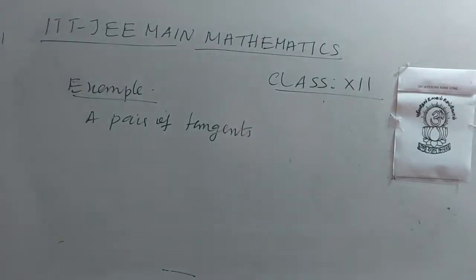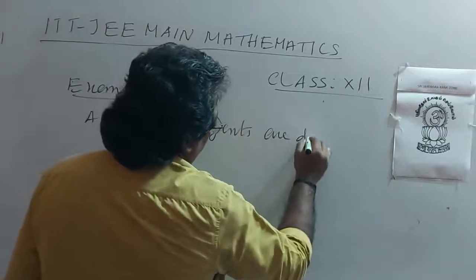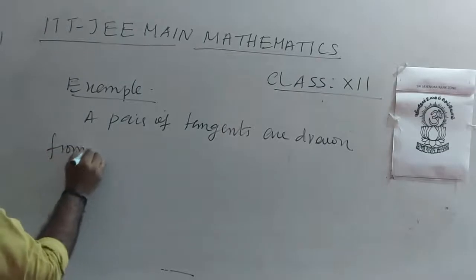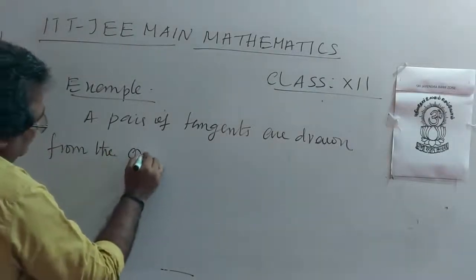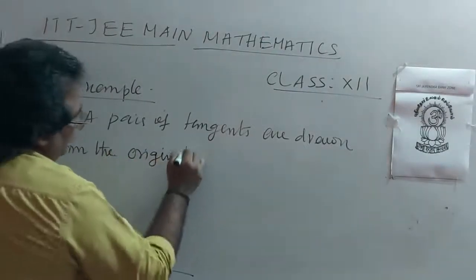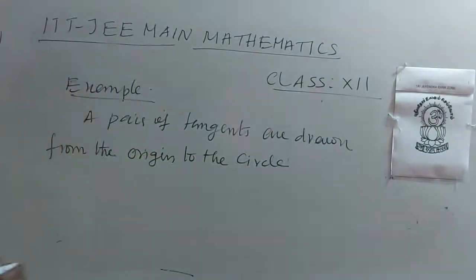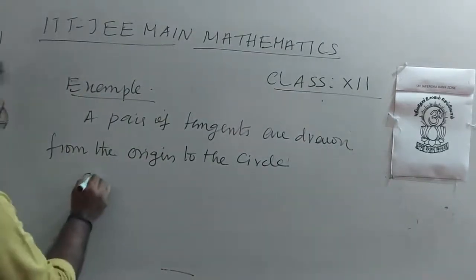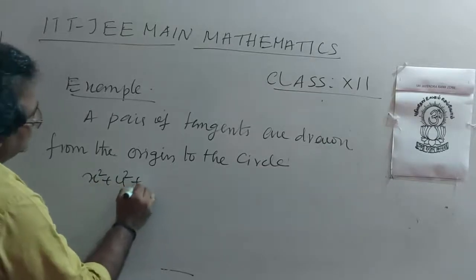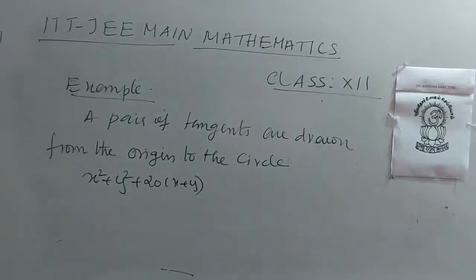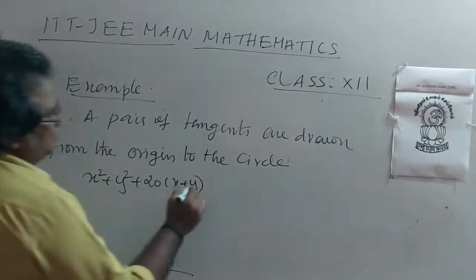A pair of tangents are drawn from the origin to the circle x squared plus y squared plus 20 into x plus y plus 20 equals 0.